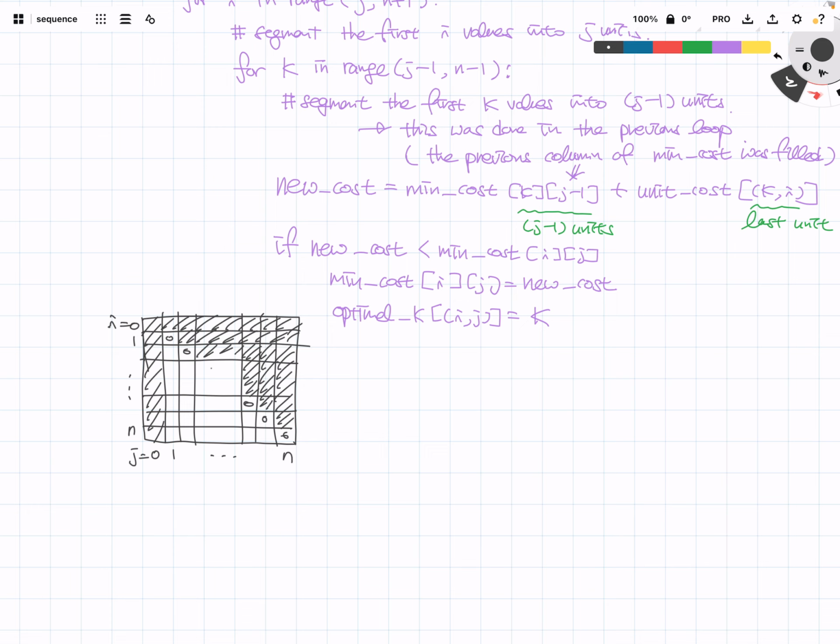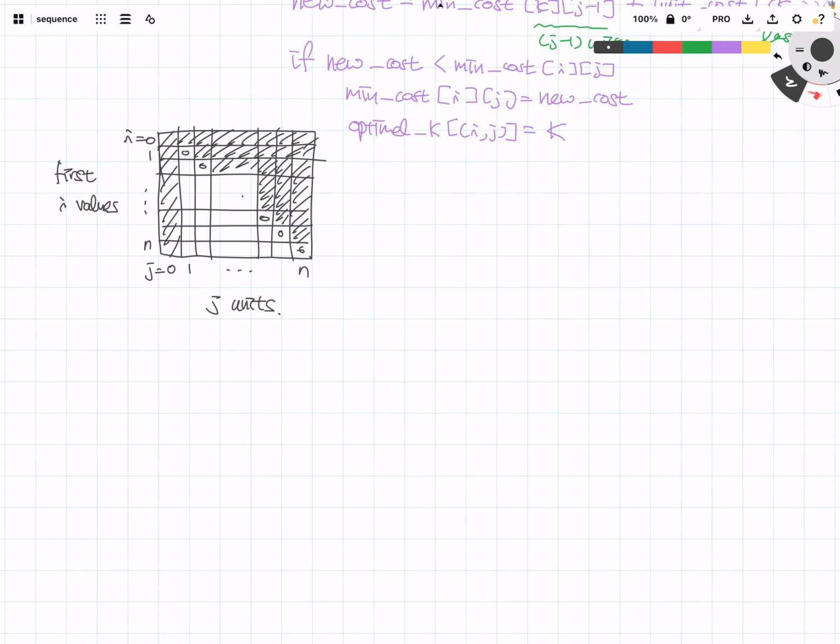We filled out column by column. So this again, j, the first I values into j units. And using this, we can segment.